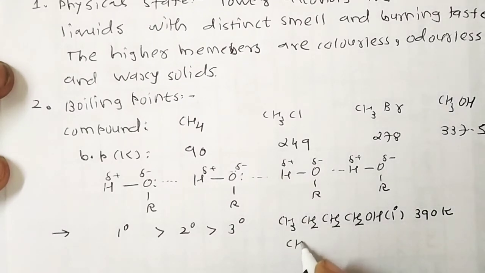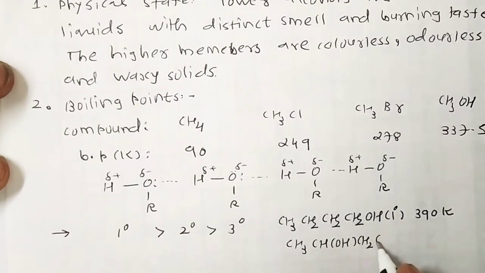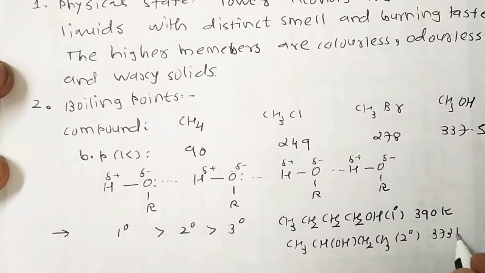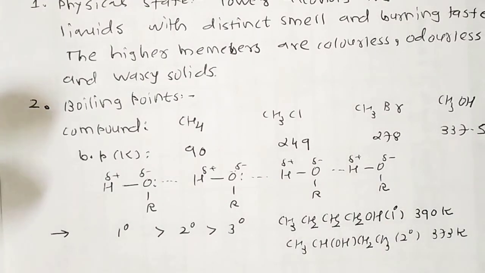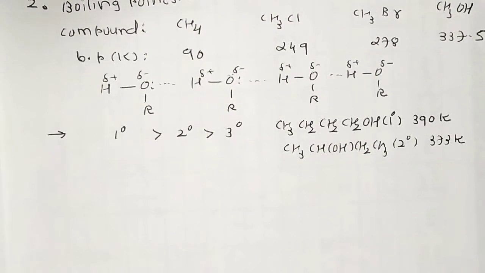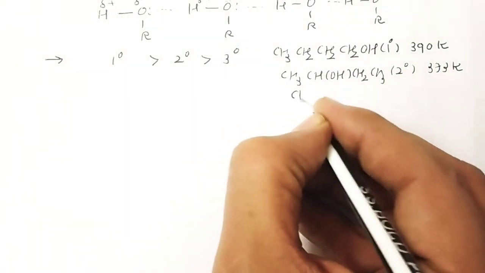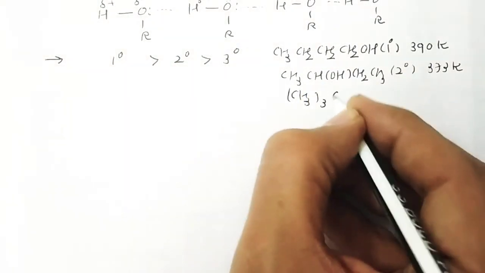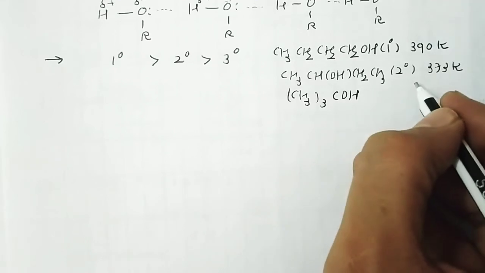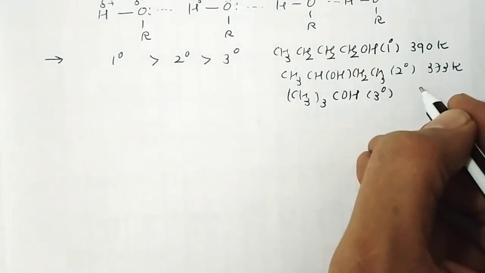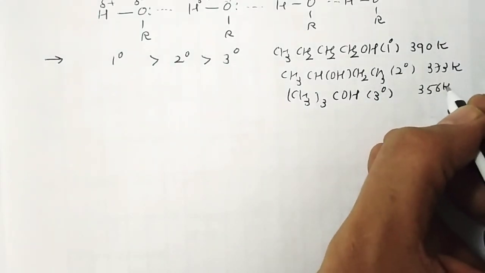But CH3CHOHCH2CH3 is secondary in nature. We know that in secondary, the intermolecular distance is increasing, so van der Waals forces are decreasing, so their boiling point is decreasing. The third one is (CH3)3COH. Because it's tertiary in nature, its boiling point is 356 Kelvin.